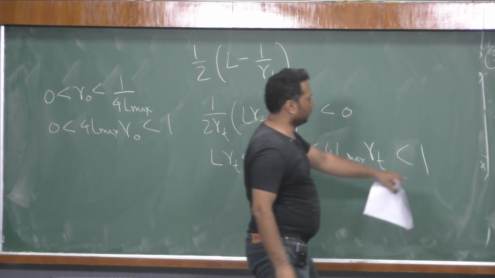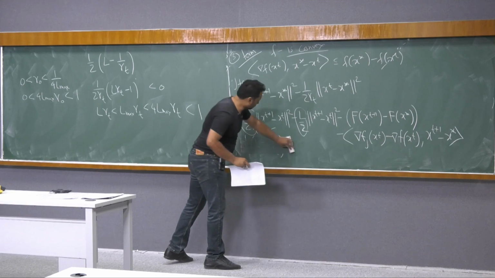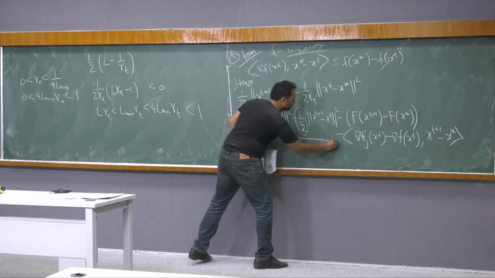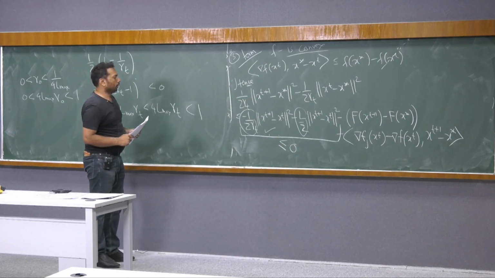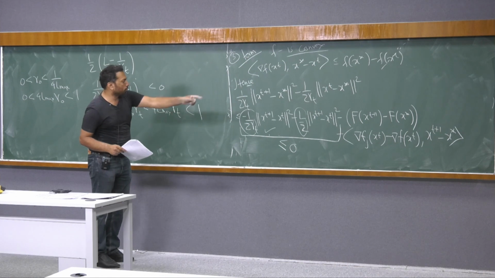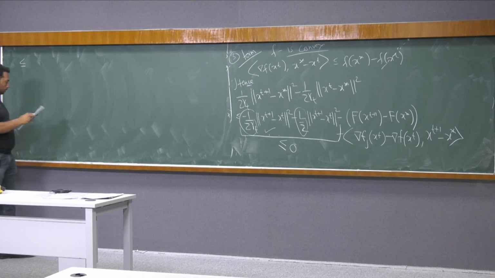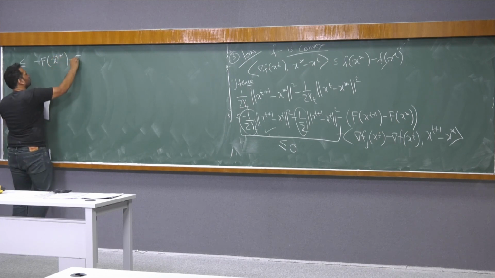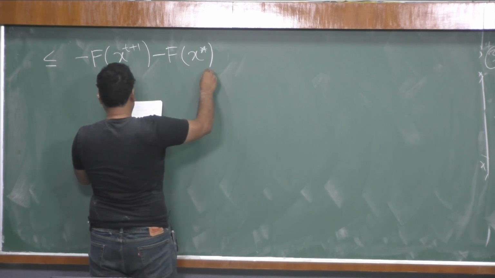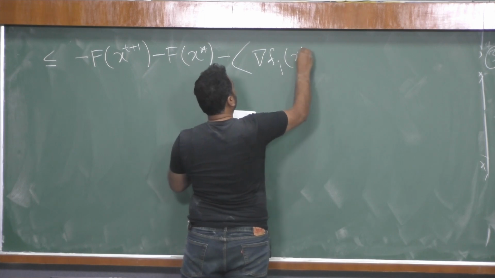So this is again negative, and if this is negative, then we can drop it and still remain with an upper bound. So this term is overall less than or equal to 0, and this allows us to keep an upper bound with the last two terms. So this is less than or equal to minus f x t plus 1 minus f x star, and minus grad f j xt.